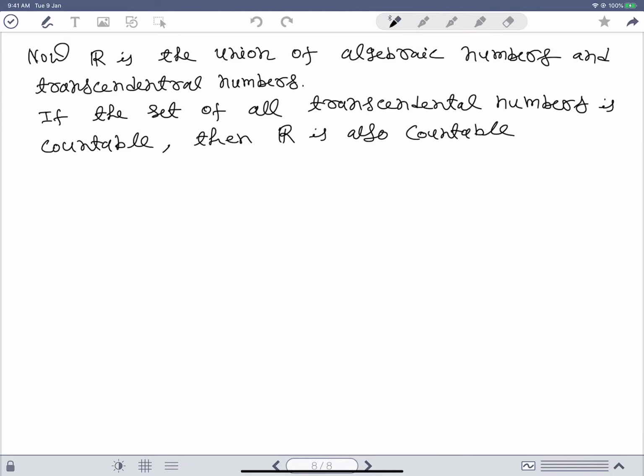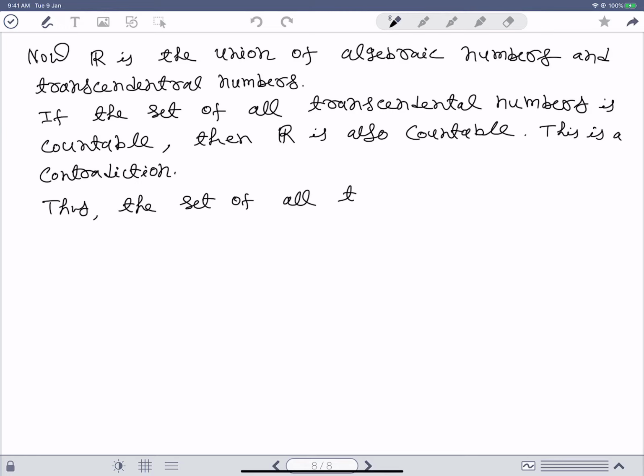Therefore, R, being a union of two countable sets, is also countable, but this is a contradiction. Therefore, the set of all transcendental numbers is uncountable.